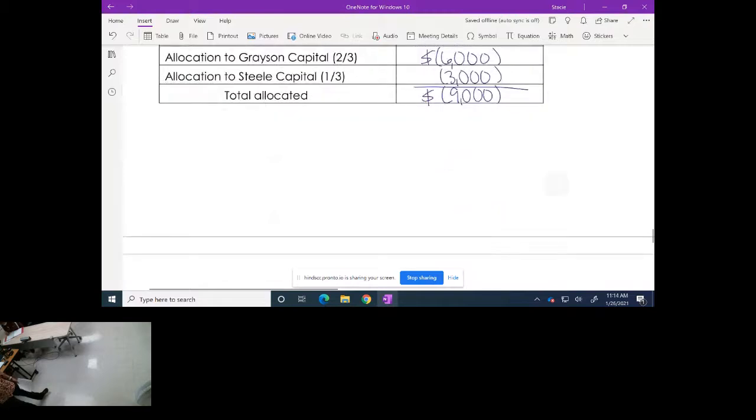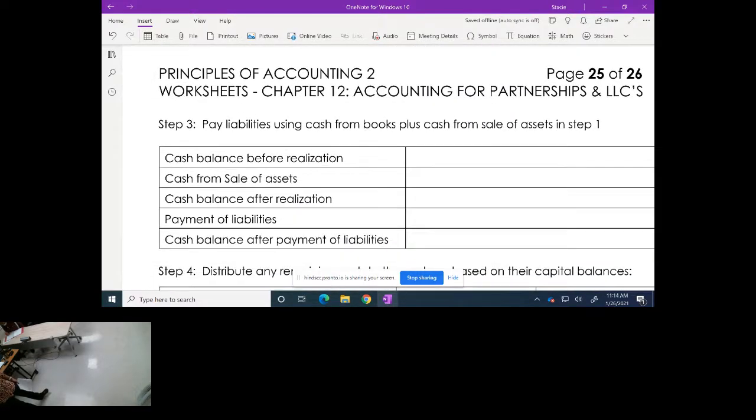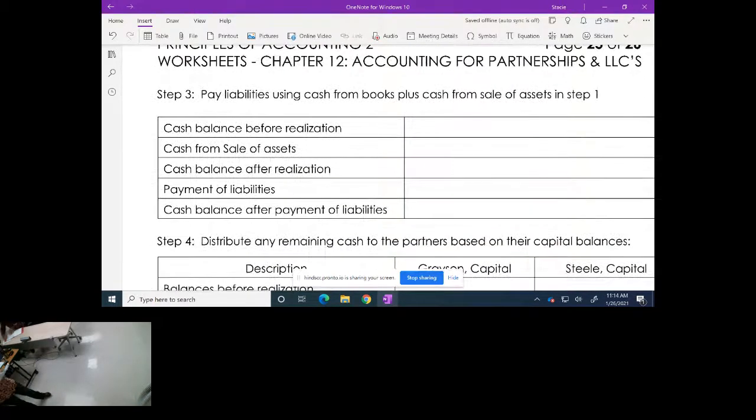Okay. So now let's pay our liabilities and see what kind of cash we have left. Before we started this whole process, we had how much cash? Look on your trial balance, on page 24. We had 24,000. How much did we get from selling our assets? 45,000. So now we have 69,000.